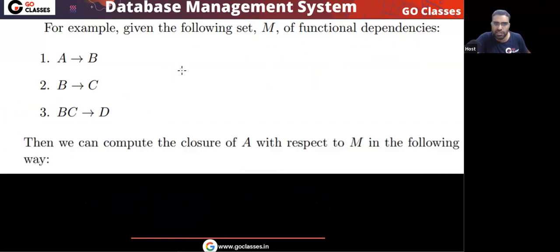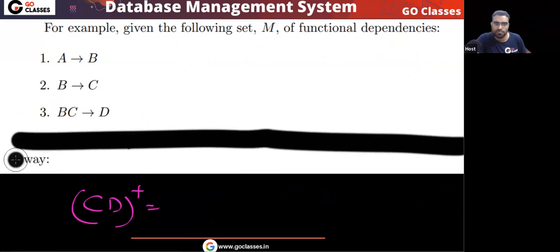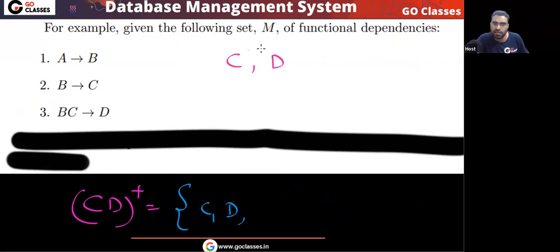For example, what about CD plus? Tell me, what is CD plus? You can see CD will determine CD. Now tell me, what else can they bring?